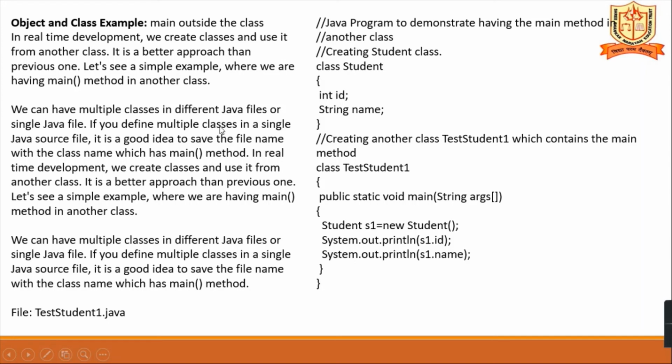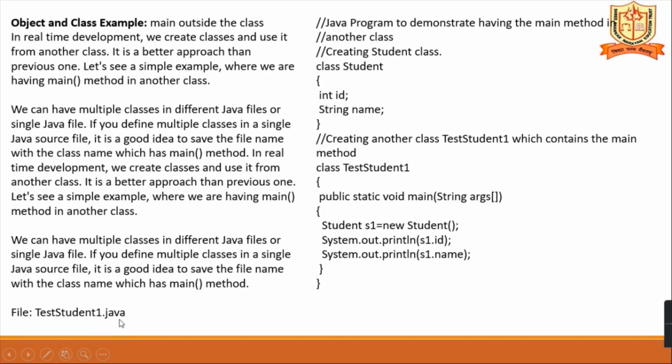If you want to define multiple classes in a single Java source file, it is a good idea to save the file name with the class name which is having the main method. In Java, you have to save the file with the class name dot java extension.